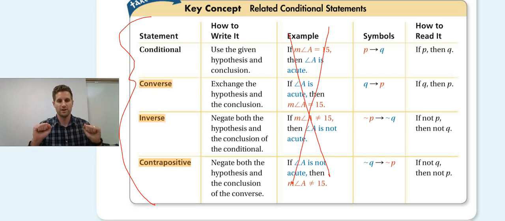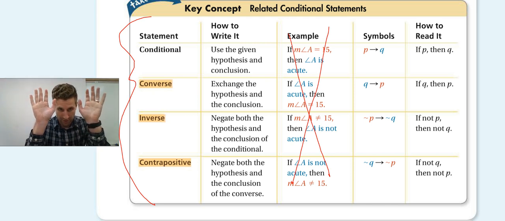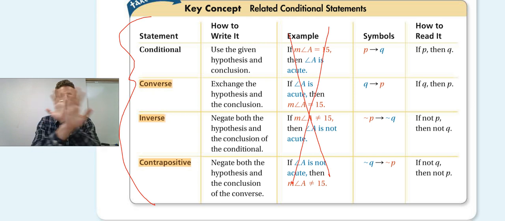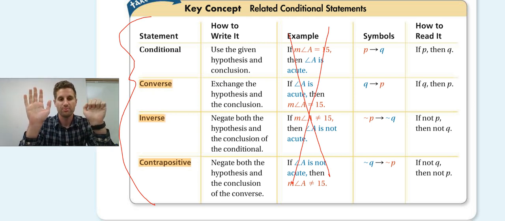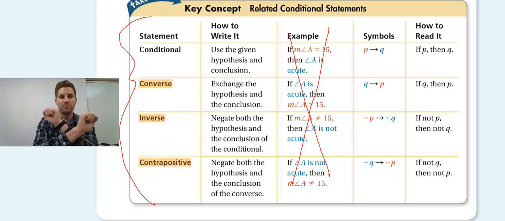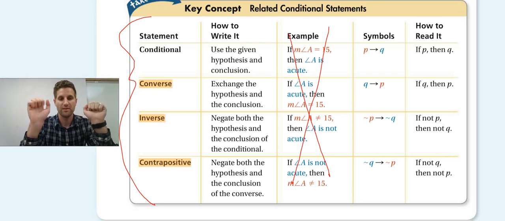So I'm going to teach you something real quick. So see my little hands right here? Okay. So this is going to be the conditional. So if P, then Q. The converse would go ahead and flip the P and the Q. For the inverse, we would negate both of them.